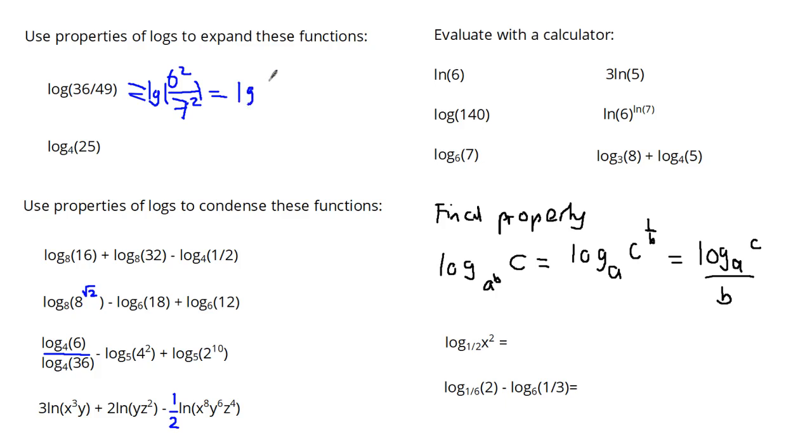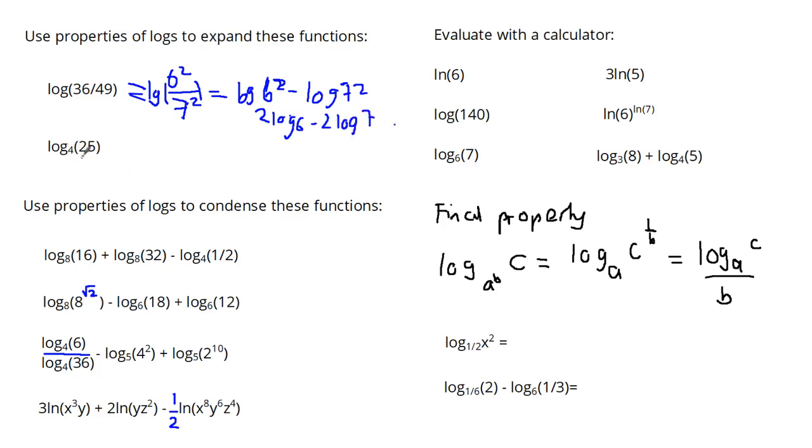So you have log 6 squared minus log 7 squared. Take the 2 in front, you have 2 log 6 minus 2 log 7. That's how you expand it.